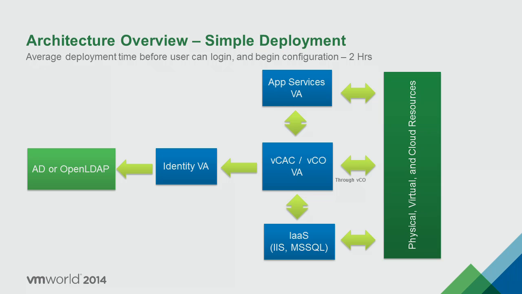We have an Identity Appliance, or it could be vSphere SSO, which connects to Active Directory. Then we have the vCAC virtual appliance, which also includes vCenter Orchestrator, which communicates not only to the SSO appliance, but also with your physical, virtual, or cloud infrastructure.